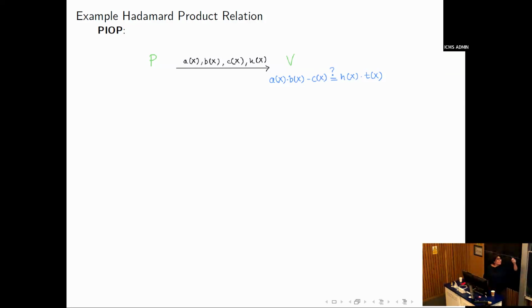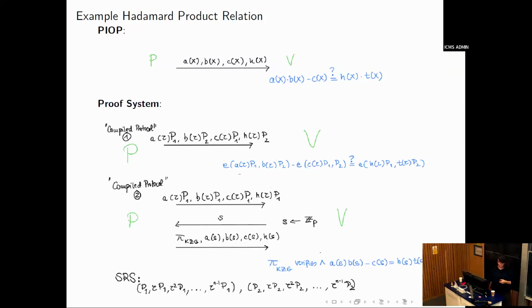So this is the PIOP, the information theoretic part. How would this be compiled? There are two ways of compiling it, in some sense. One is what you do in Groth16, because this is usually not called a compilation, but I think it can fall into the same framework.